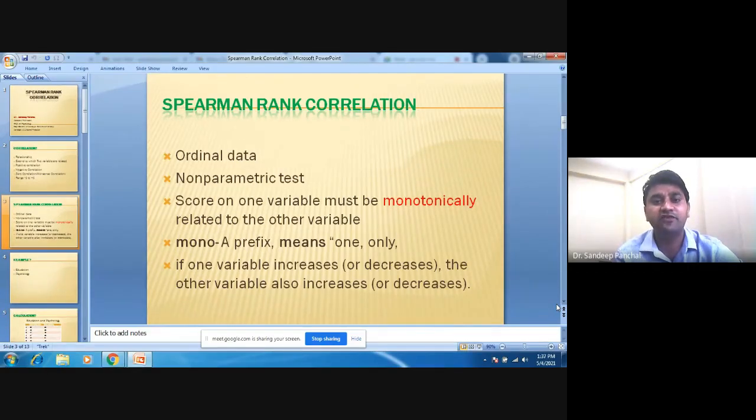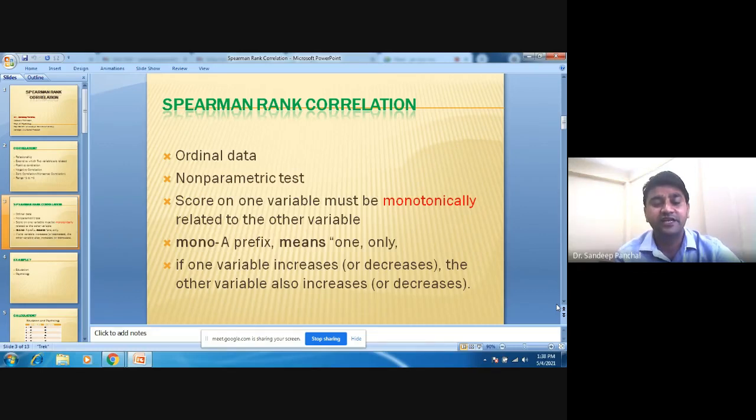The third requirement for Spearman rank correlation is that the scores on one variable must be monotonically related to the other variable. What is the meaning of monotonically? Mono is a prefix which means one or only.